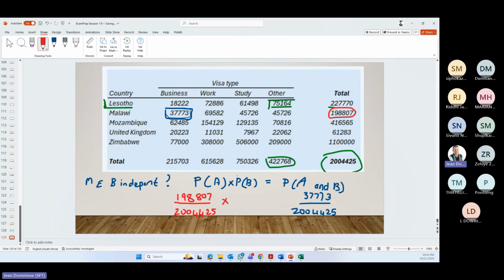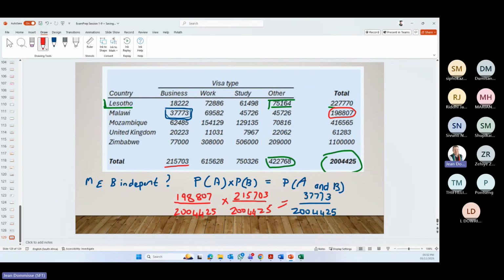And then the probability of business is 215,703 divided by 2004425. If that answer is similar to the product, then we know that it is independent. If it's not similar, it's dependent.